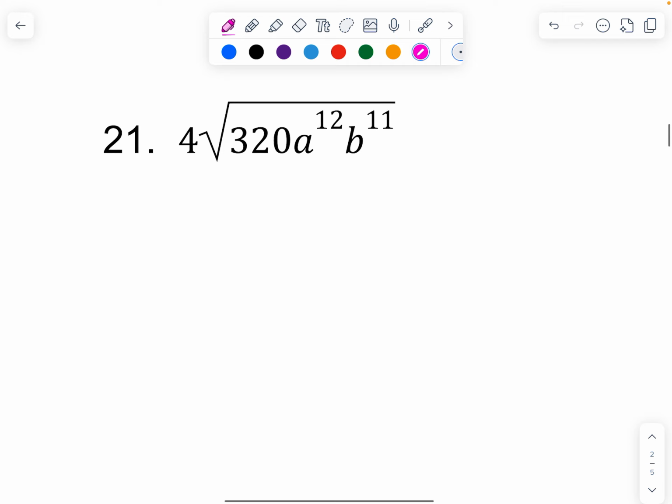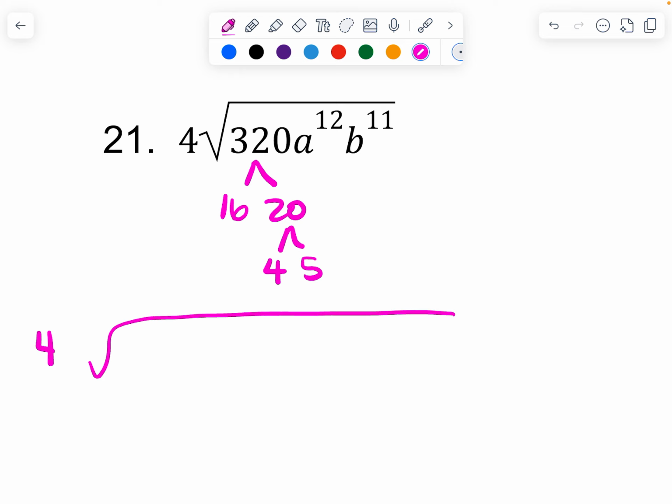This one, still doing the square root. Okay, I know 16 goes into that because 16 goes into 320. That'll get me 20. That'll get me 4 and 5. Okay, so I have 4 on the outside.